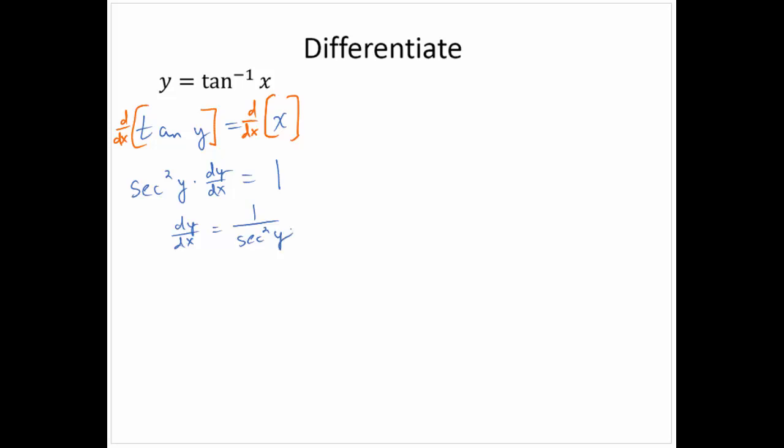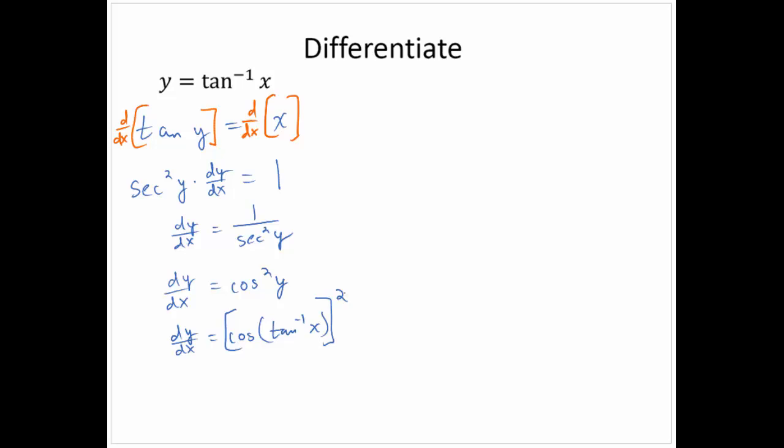Oh wait, 1 over secant is the same as cosine. So dy/dx would equal cosine squared y. So dy/dx would equal cosine of y, well, wait, y was tangent inverse x, and then I would need to square that whole thing.